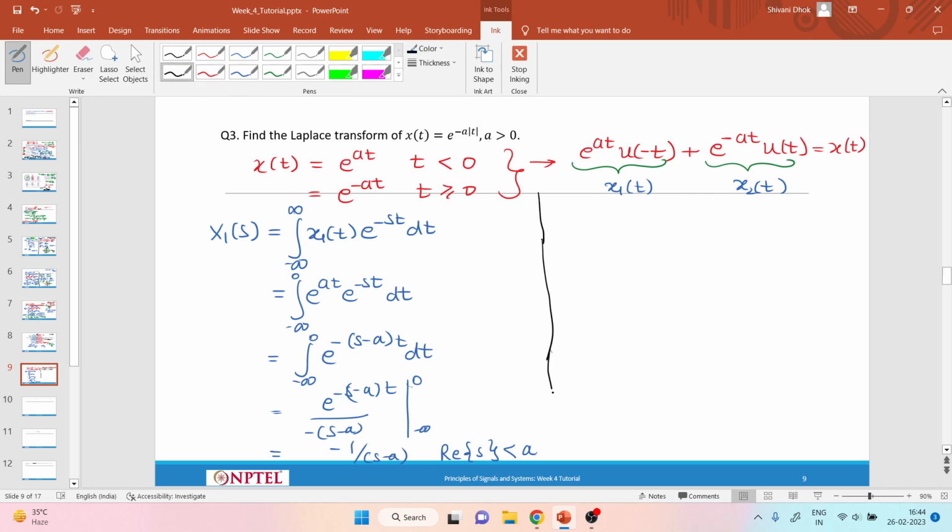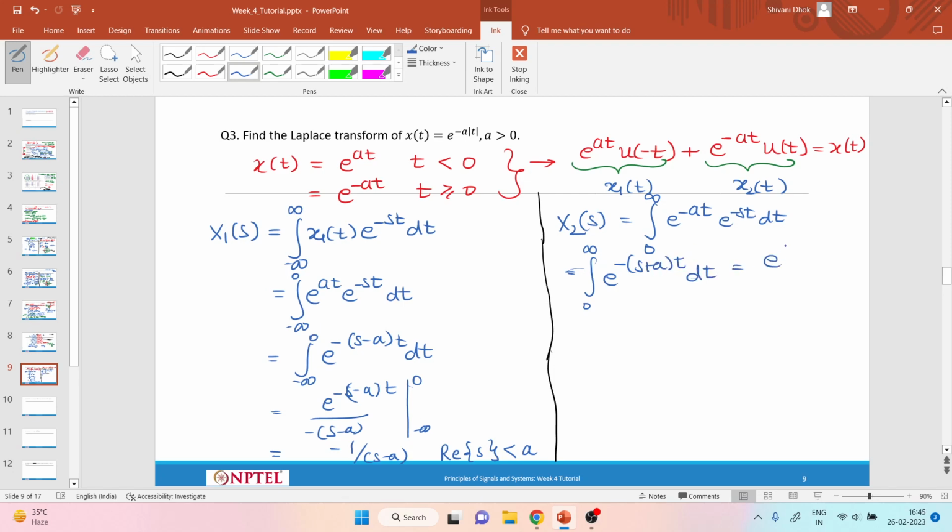Next thing is the Laplace transform of this x2(t). So it is X2(s), which is equal to, since it is e^(-at) u(t), I can write this as the integral from 0 to infinity of e^(-at) e^(-st) dt. This is equal to the integral from 0 to infinity of e^(-(s+a)t) dt.